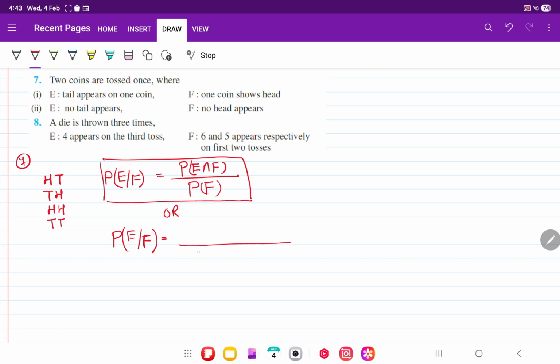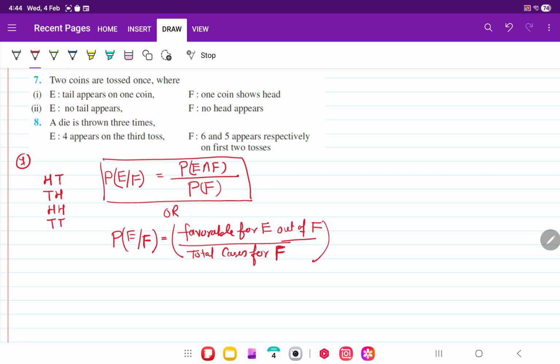So we take here the total cases for F, total cases when F has happened, and here we take favorable cases for E out of F, meaning the event F which has happened is the condition.